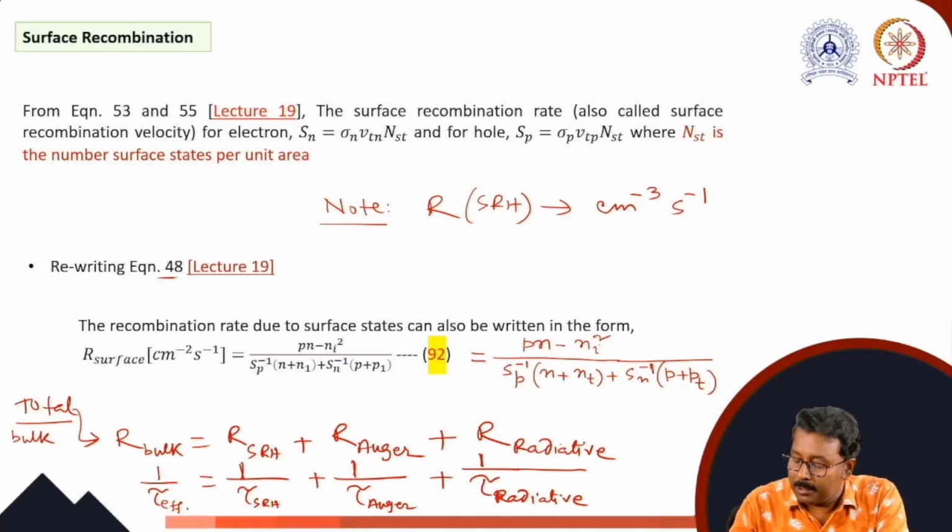And in another case, say total recombination can be taken with a characteristic diffusion length.